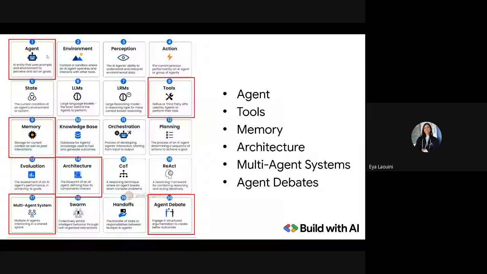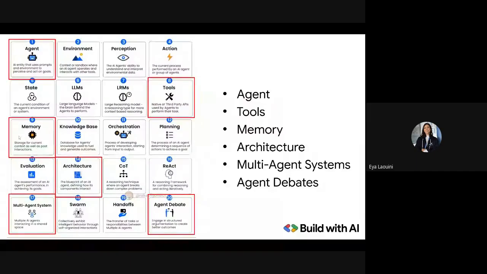So of course we have the agent, which is an AI entity that uses prompts and environment to perceive and act on goals. As we talked about the agent, it has a specific goal it needs to achieve. Also, we have tools. These tools we can call through APIs. The agents will use them to perform their tasks.